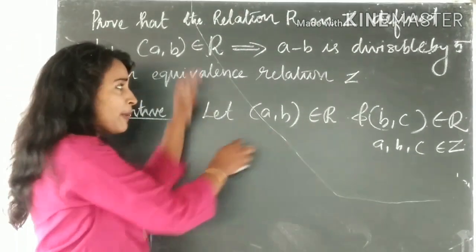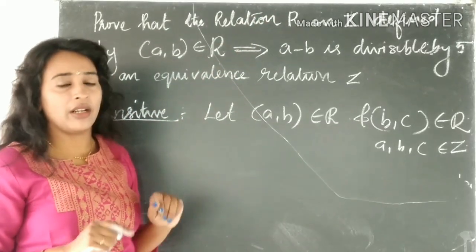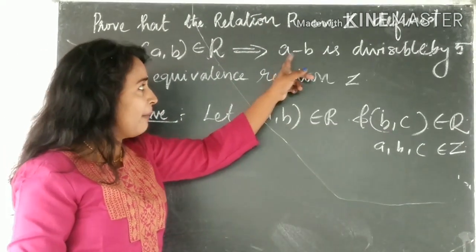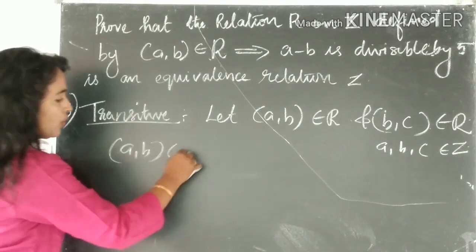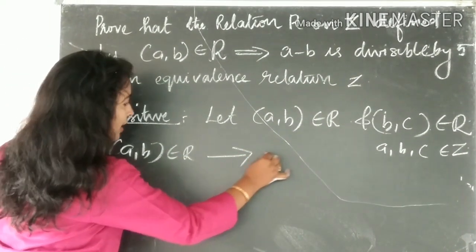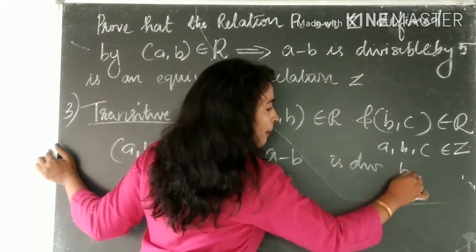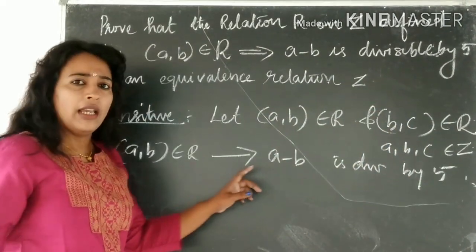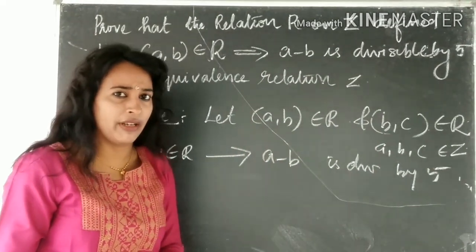If AB is present in the relation, then it possesses the property of the relation. What's the property of the relation? A minus B is divisible by 5. Since AB belongs to the relation, A minus B is divisible by 5. A minus B is divisible by 5 means it's a multiple of 5, right?